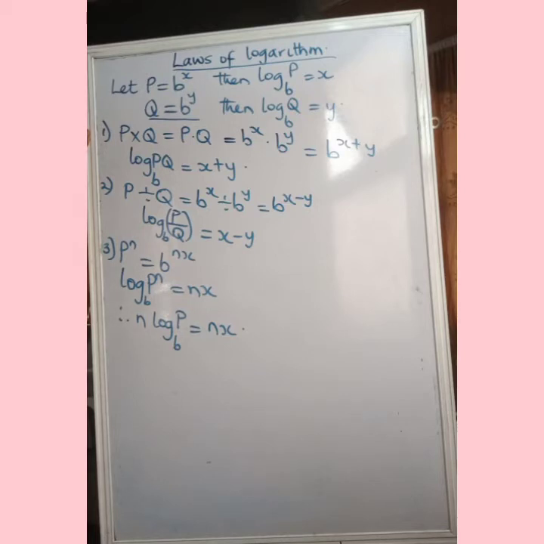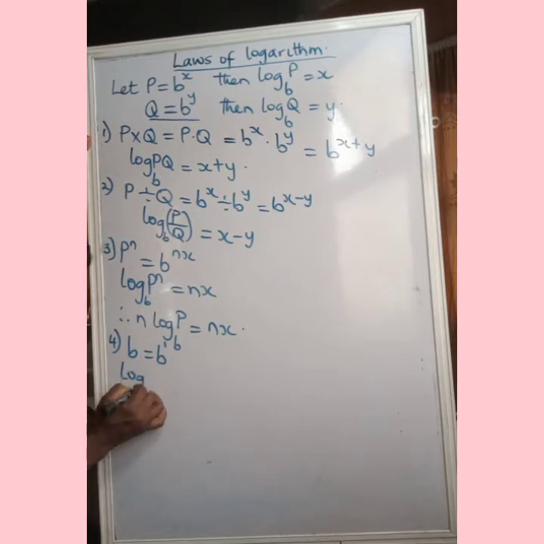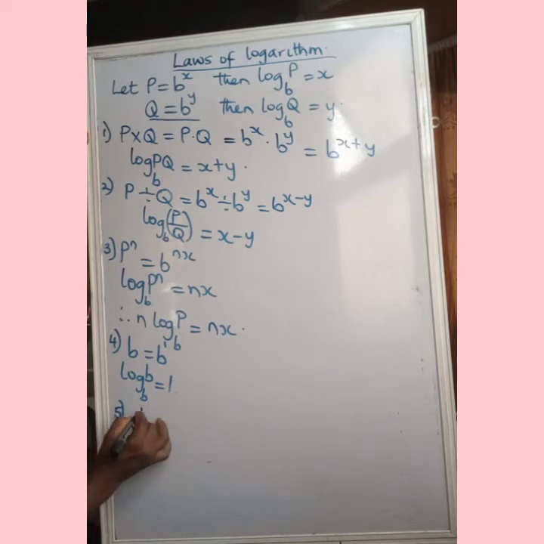So let's go to the fourth rule. B equals B raised per 1. So that would be log of B base B equals 1. So when you see log of 10 base 10, it will be equal to 1. To the last rule or law, we have 1 equals B raised per 0.